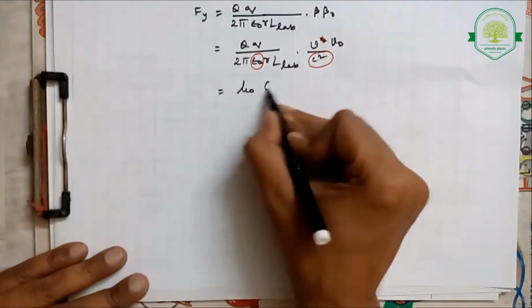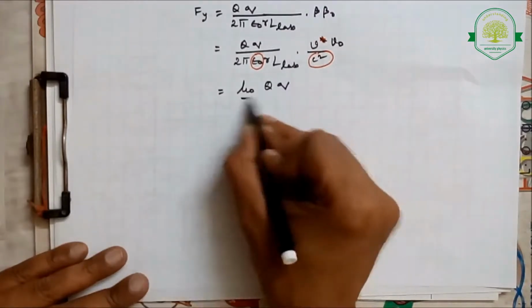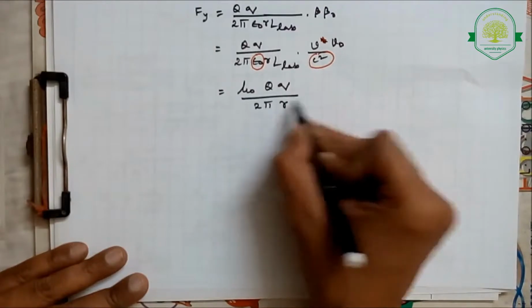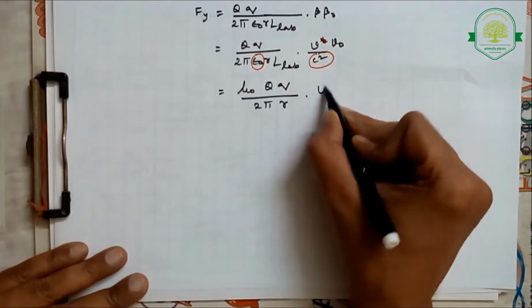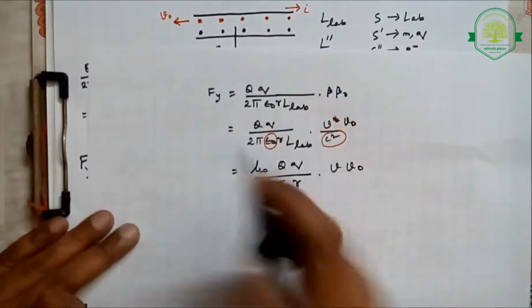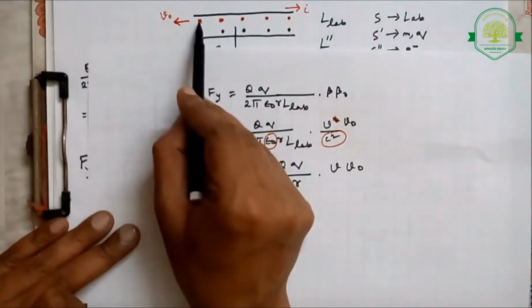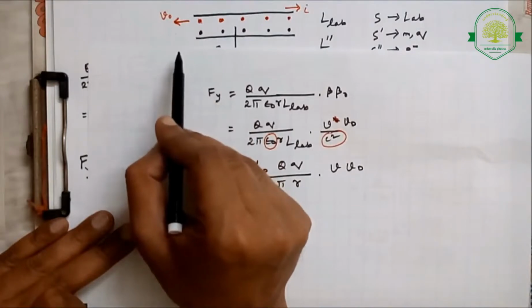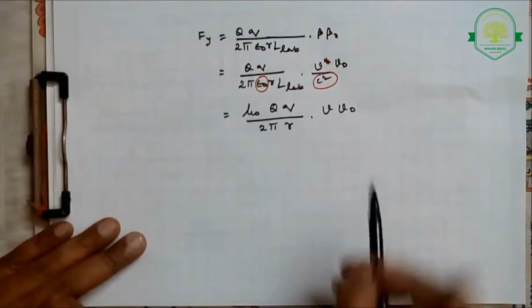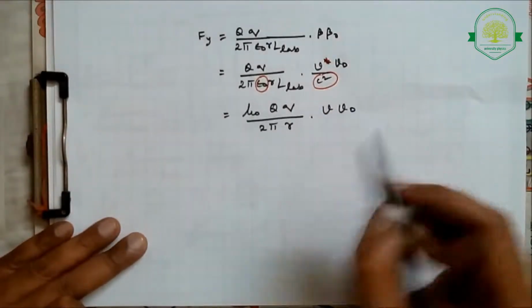So I get mu naught capital Q small q over 2 pi r times V naught. But what is V naught? V naught is the velocity of the electrons as seen in the lab frame. So V naught is just L lab over time. Distance over time equals constant speed.